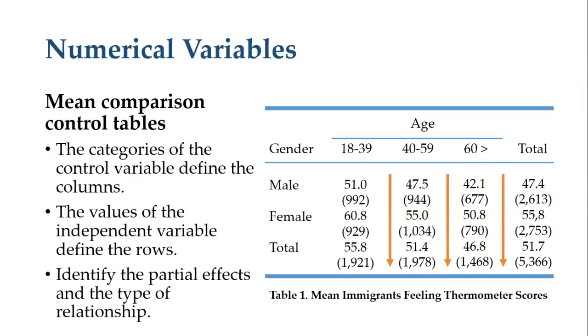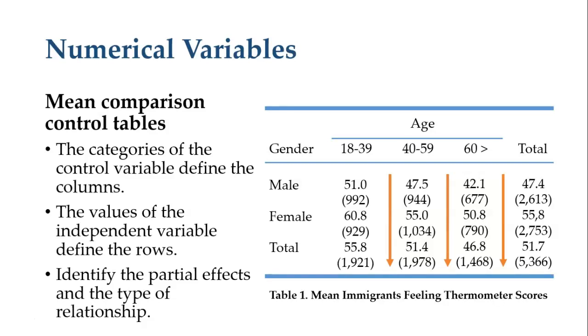Okay, so for mean comparison, when we have again a dependent variable that is at the interval level or the ratio level, we can estimate the mean, and we do a similar thing to what we did in the mean comparison tables, but in this case we control by the values of C. So basically, the columns are defined by the values of the control variable, and the rows are again defined by the independent variable.